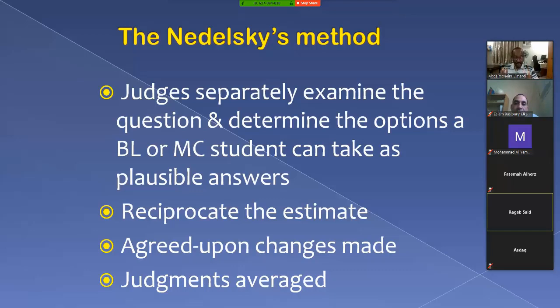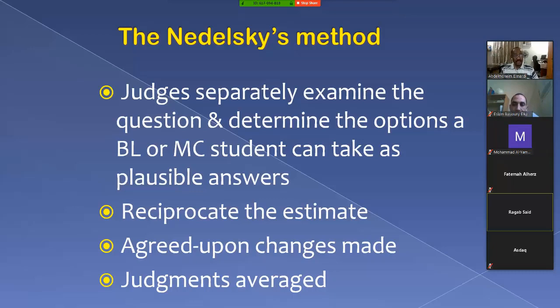Even a borderline student will know that this answer is not appropriate. This is a wrong answer. So we need to exclude the options which even a borderline student can exclude. So if we have four options, and we cannot exclude any option, it means the guessing chance is 25%.